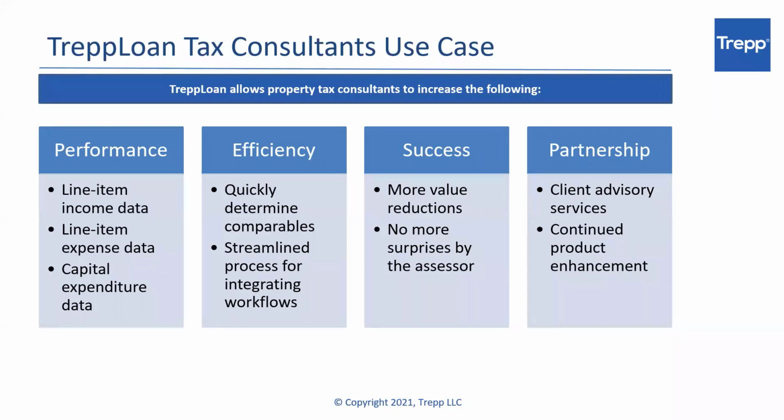The worst thing that can happen is for a consultant to go into an appeal not knowing that the property owner just refinanced the property 3 months ago, and then make a case for why the value should be less, only to have the assessor say, well, this doesn't make sense because 3 months ago, this property was just appraised for X, which is significantly higher than what the consultant's asking for. This acts as a tool to prevent that from happening. And it even allows the consultant to build up a case as to why they feel maybe that refinance appraisal is irrelevant to the valuation for assessment purposes.